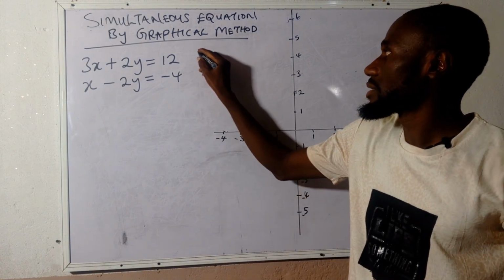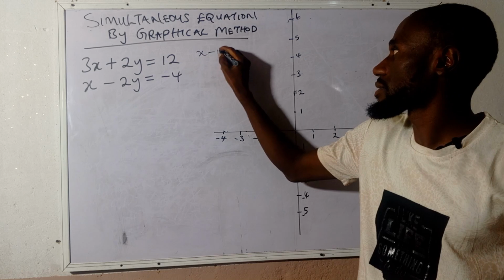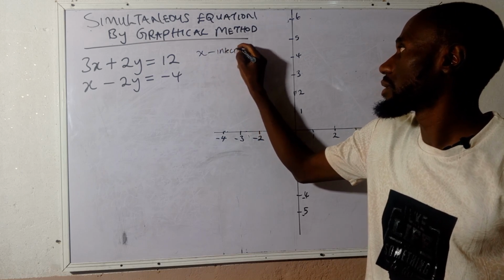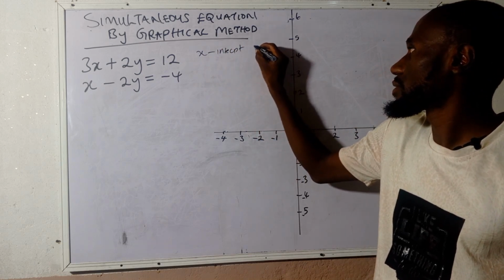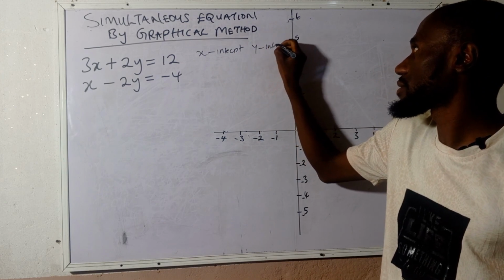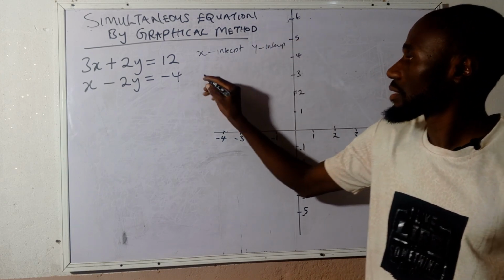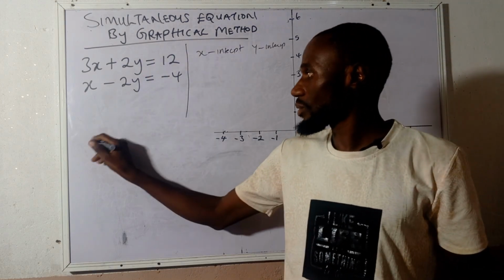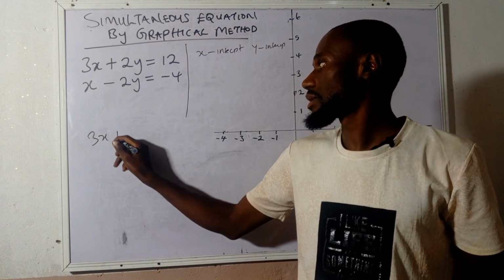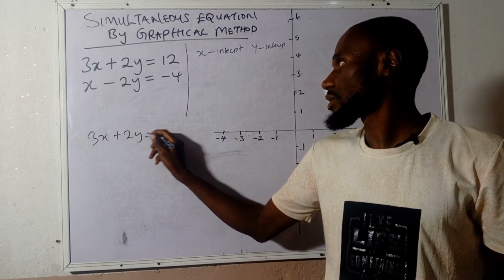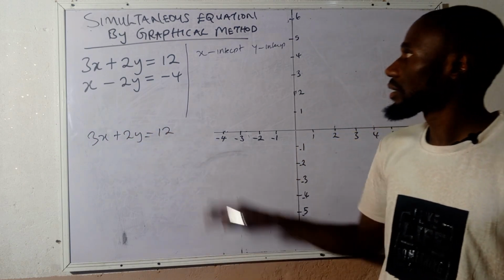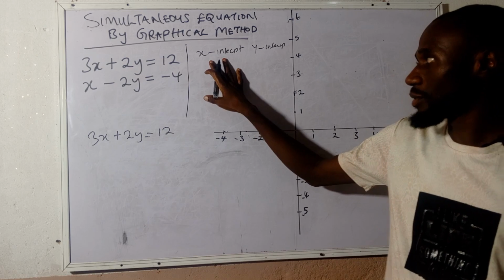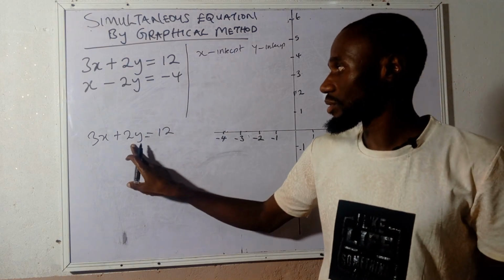Let's start with the x-intercept, and this is the y-intercept. If you take equation 1, it says 3x plus 2y is equal to 12. When finding the x-intercept, we make y equal to 0.